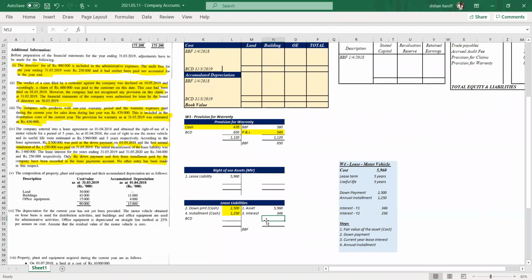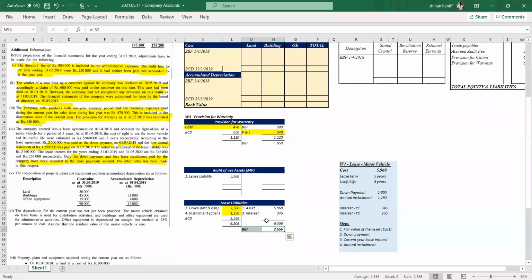So credit balance total 6306 minus 2,556.